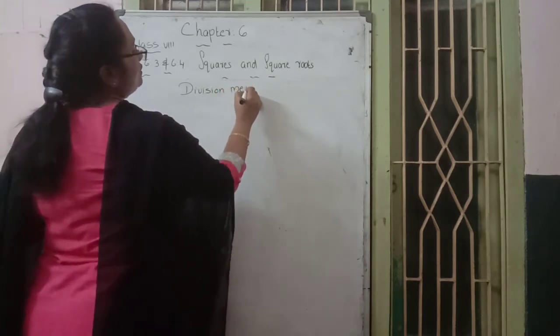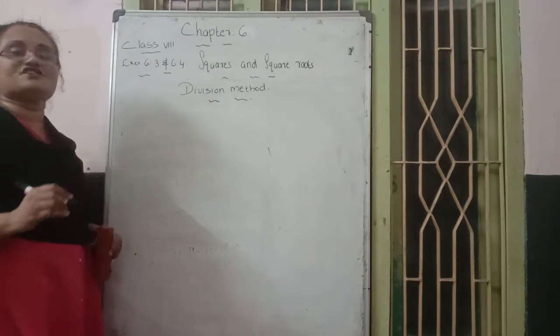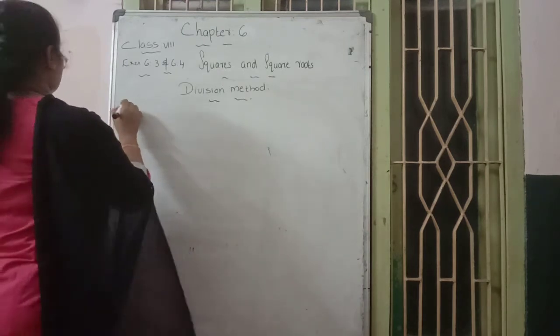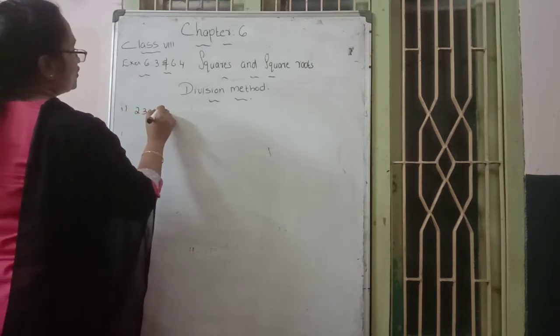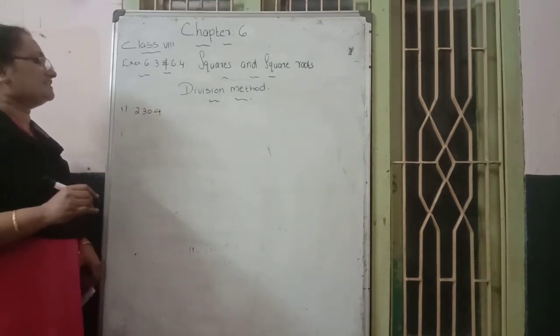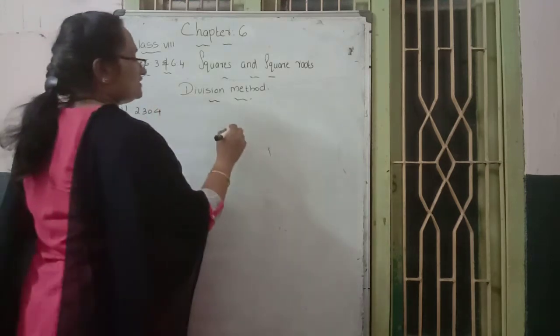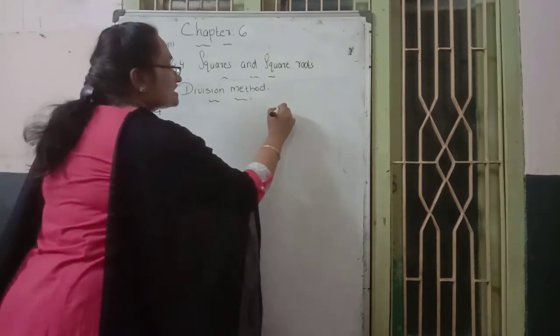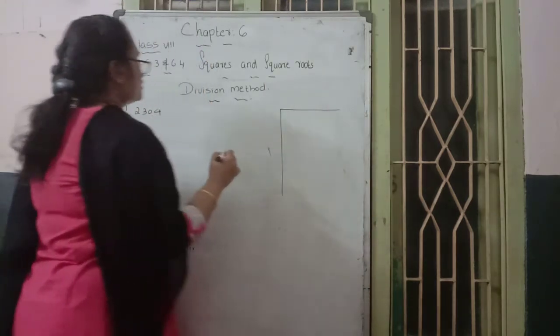How to find the square root by the division method? One question: 2304. How to find its square root? What we want to do in the division method is draw the division box, a long division box.